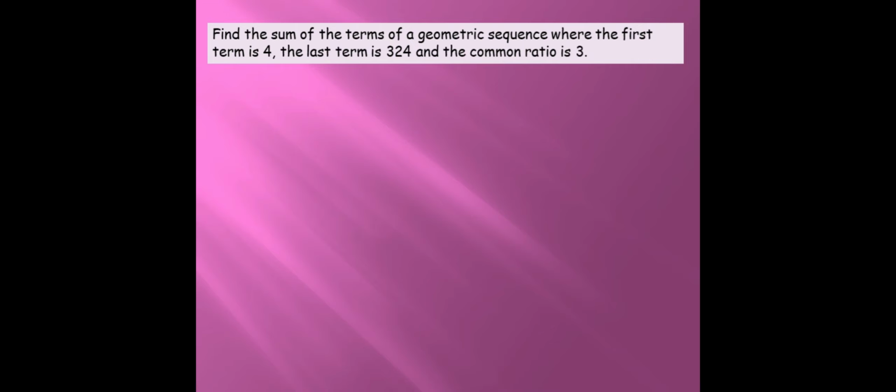So of course, it is finite because there is a limit. But in this 324, we don't know yet the position of this 324. Kung ikailang term siya, di pa natin alam. Kung kaya yung n natin is unknown.